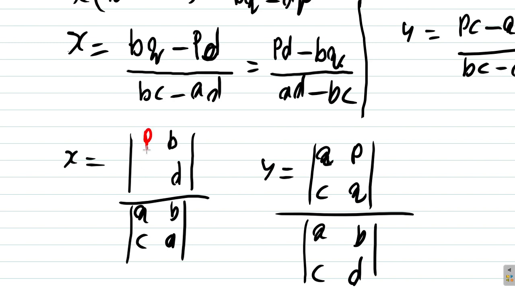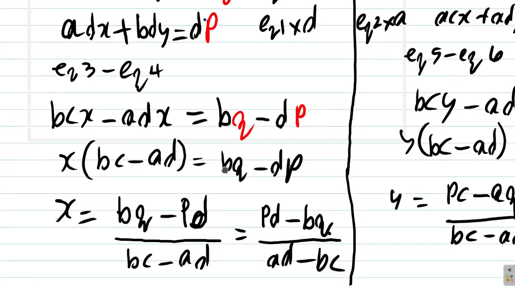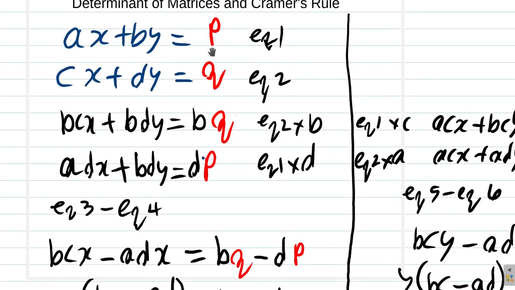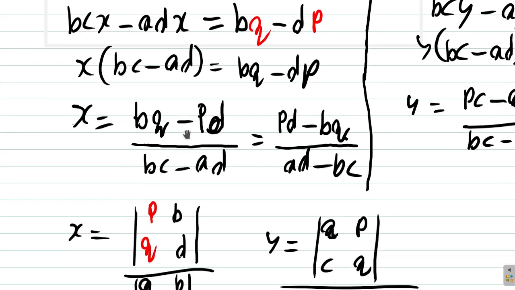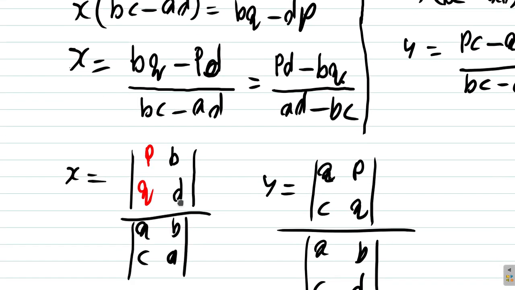So you replace the first column with p and q, and then b and d.